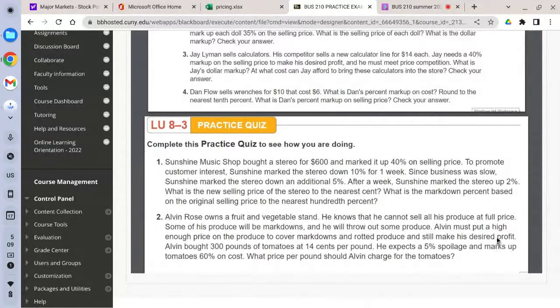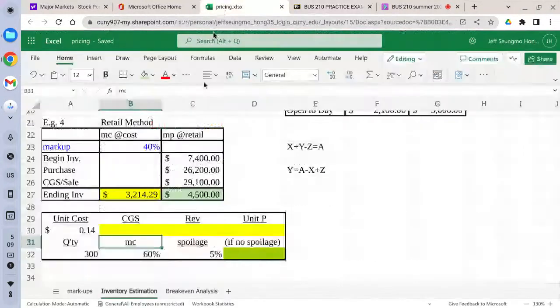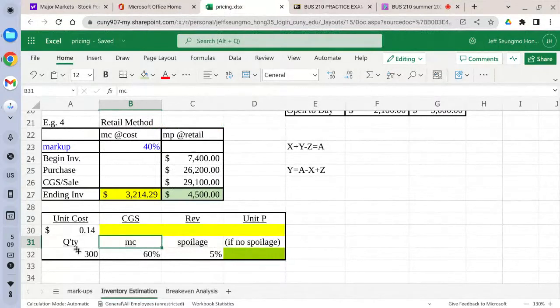Elros owns a fruit and vegetable stand. He knows that he cannot sell all his produce. Read it later. So this guy owns a fruit and vegetable store, and he bought 300 pounds of tomatoes. That's the quantity, 300 pounds. And the unit cost, the cost per pound, was 0.14.